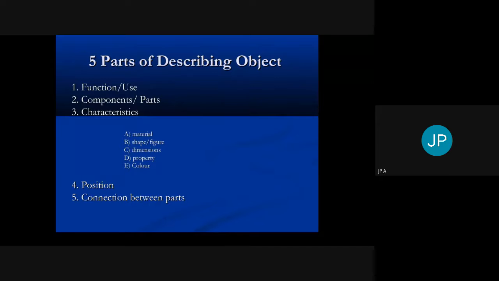Then we mention the position not only of the entire object but also of its different parts. So certain parts will be placed differently. And how do we describe that? That is called connection. How are the different parts connected with each other? So if you describe all these things in a paragraph, you can easily fetch the full marks for this object. Exactly, that's right, Srilakshmi. Use, parts, characteristics, position, connection.